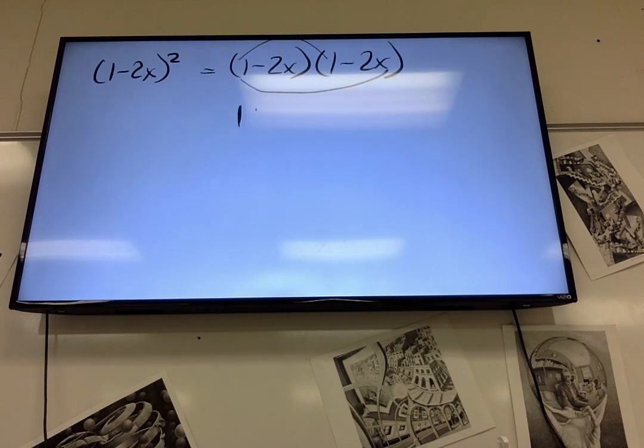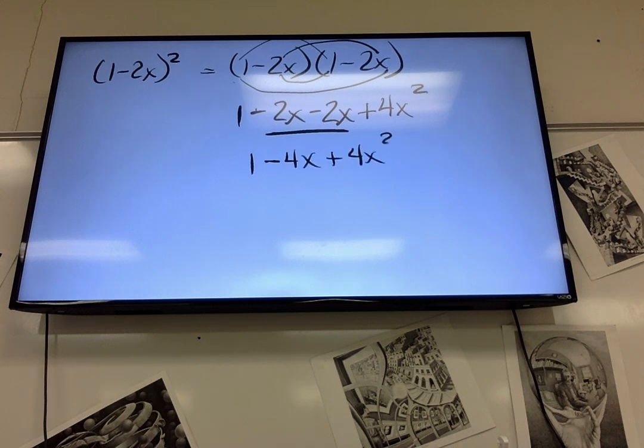Outside, 1 times negative 2x, so negative 2x. Inside, negative 2x times 1. And then last, negative 2x times negative 2x is positive 4x squared. Then the 2 in the middle, I can combine. Negative 2x and negative 2x is negative 4x. So I can make it that way.